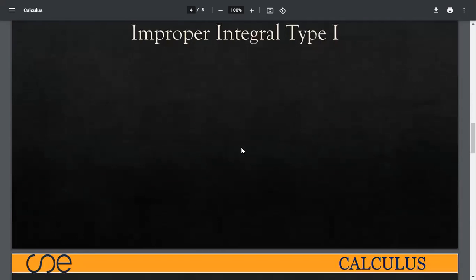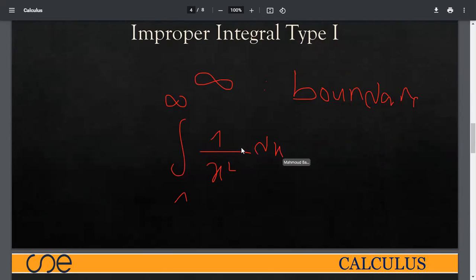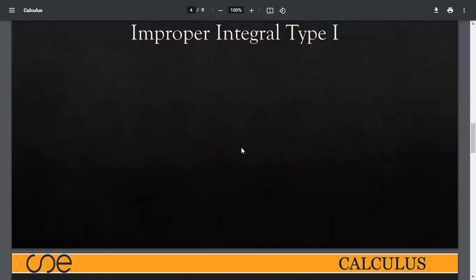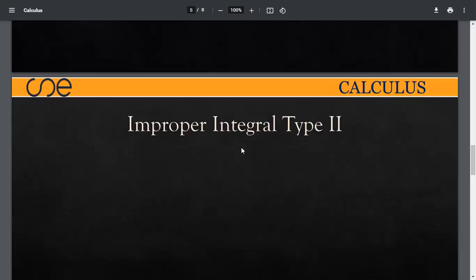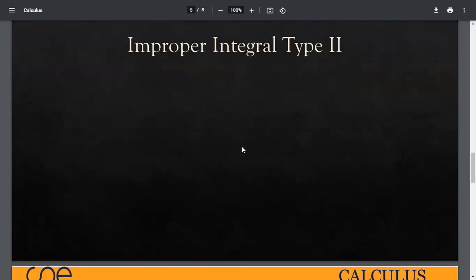So improper integrals of type 1 are improper integrals that have infinity in the boundaries. We've seen, for example, the integral of 1 over x squared dx to infinity, or any integral that involves infinity in its boundaries.